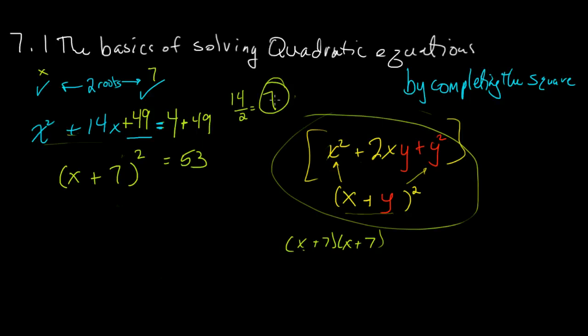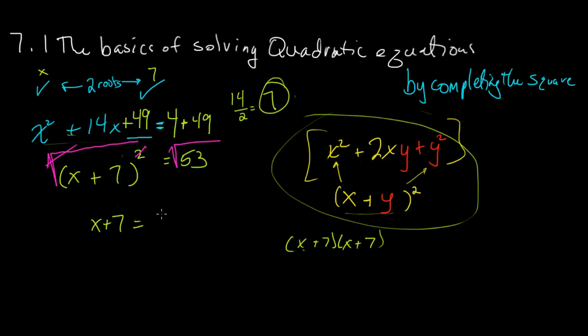The reason that we've done that is so that we can take the square root of both sides. You've done this before. When I take the square root of both sides, this square cancels with the square root, and I'm just left with x plus 7 on the left.